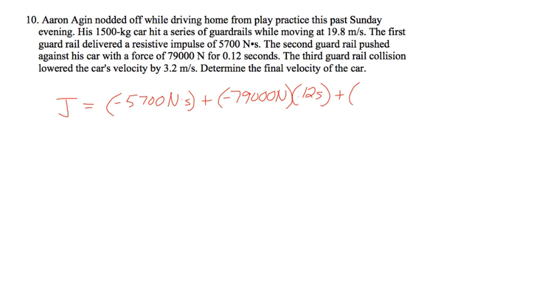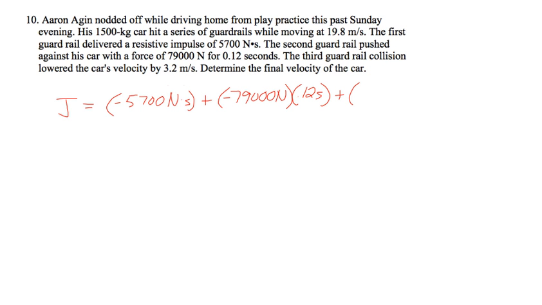And then the third one, it's giving you the change in velocity. So you could exclude it from this equation for impulse and just subtract 3.2 from whatever the answer is with the first two. But I'm just going to include it because I do know the mass of the car and I know how much it's changed, so that by definition is an impulse.